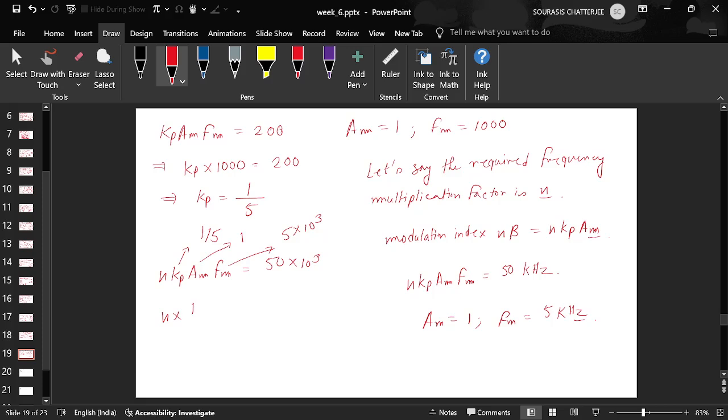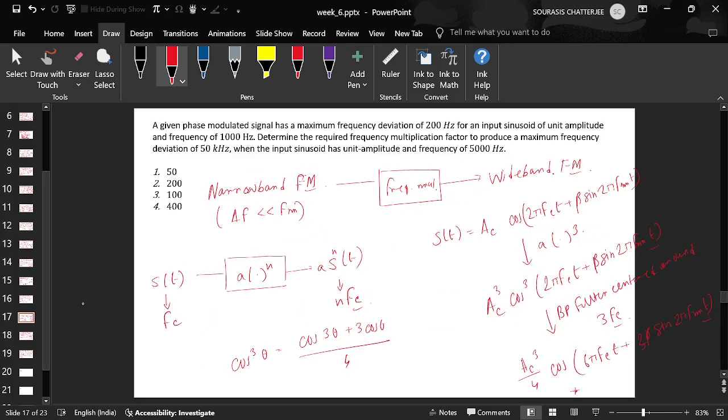So n into 1 over 5 into 1 into 5 into 10 to the power 3 is equal to 50 into 10 to the power 3. So these two 5s cancel out each other, and we have n equal to 50. The required frequency multiplication factor needs to be 50 in order to produce a maximum frequency deviation of 50 kilohertz, when the message signal has unit amplitude and frequency of 5 kilohertz. So 50 is our answer.